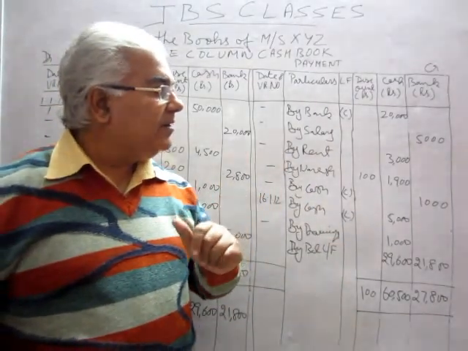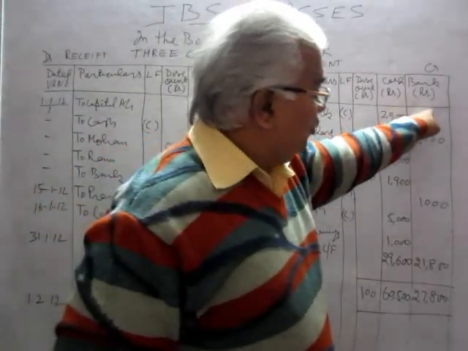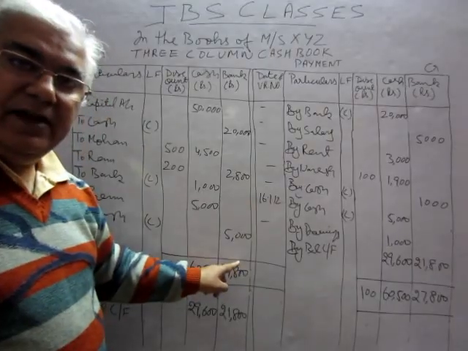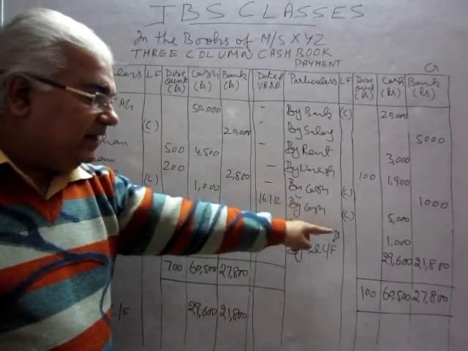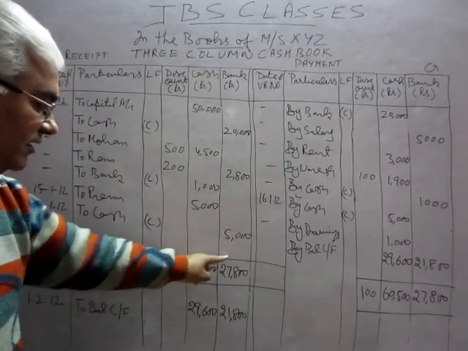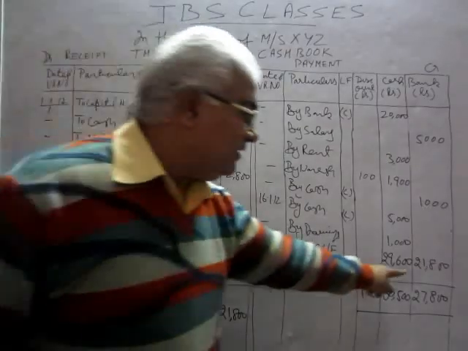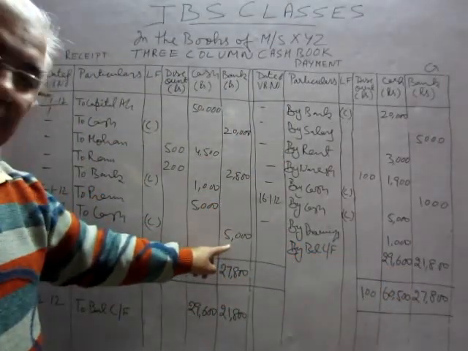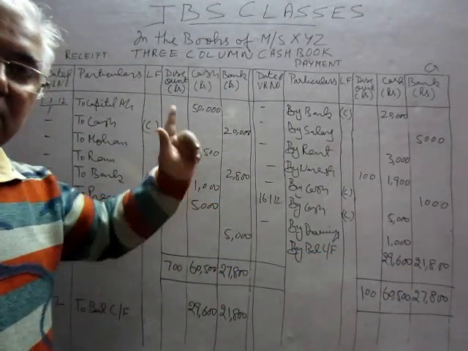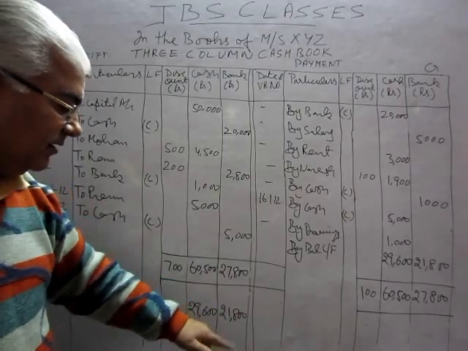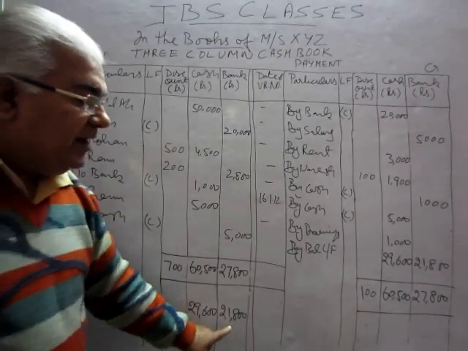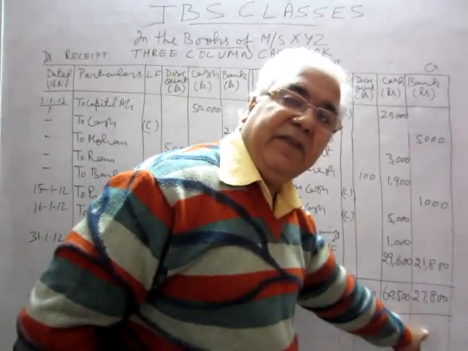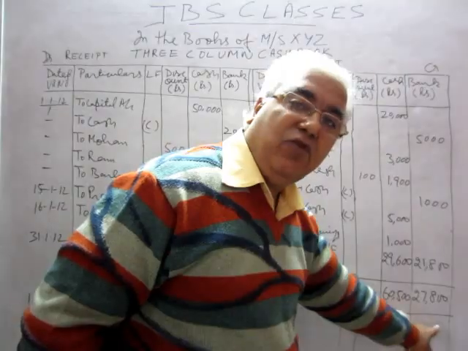In that case, the total of the credit side will be bigger than the total of the debit side. Then that balance will be carried forward on the debit side. As it is carried on the credit side here, it will be carried on the debit side, and when it is brought forward to the next month, it will signify that the opening balance in the next month is overdraft.